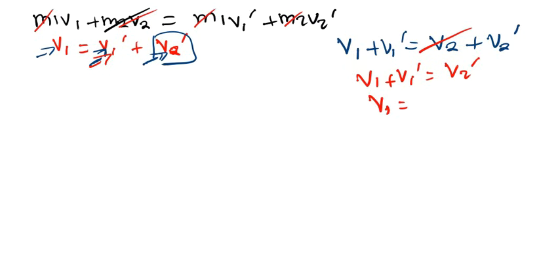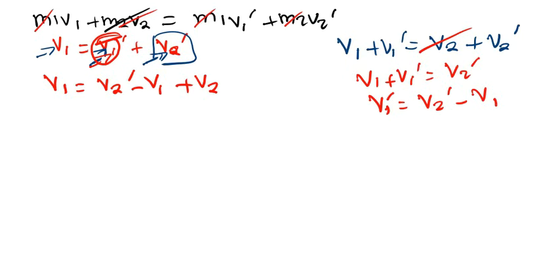So v1 prime will be equal to v2 prime minus v1. Then I come to the first equation and where there is v1 prime, I replace it with v2 prime minus v1, so v1 is equal to v2 prime minus v1 plus v2 prime. I shift this to the other side, and that becomes v1 plus v1 is equal to v2 prime plus v2 prime.